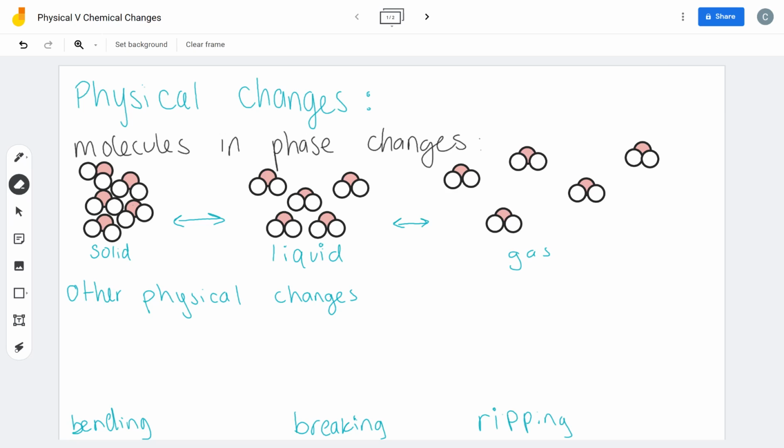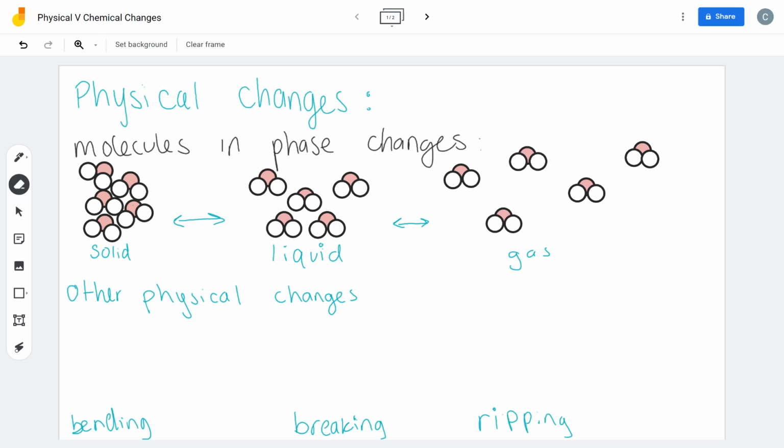And notice I added these arrows, which we've talked about in the past before, which go back and forth, which means that I can go back and forth between the phases. So I could go from a gas back to a liquid. I could go from a gas directly to a solid. I could go from a solid to a gas. There's all those different possible phase changes.